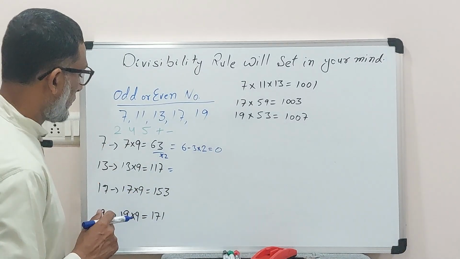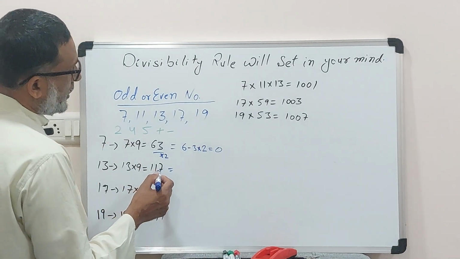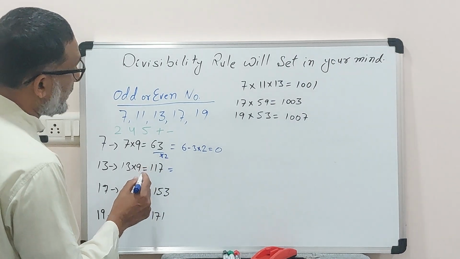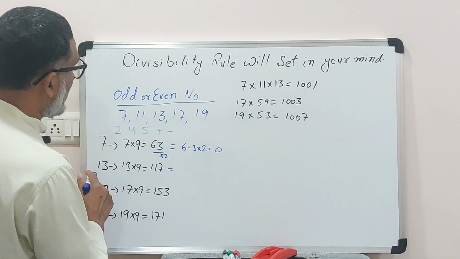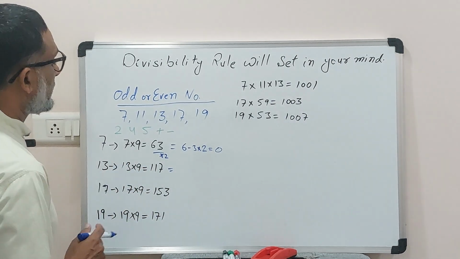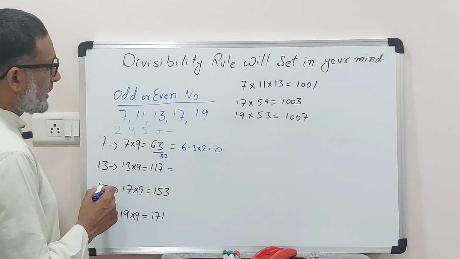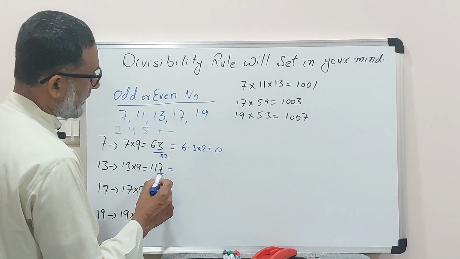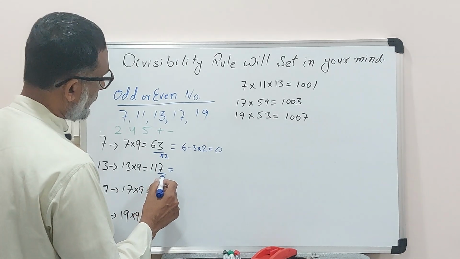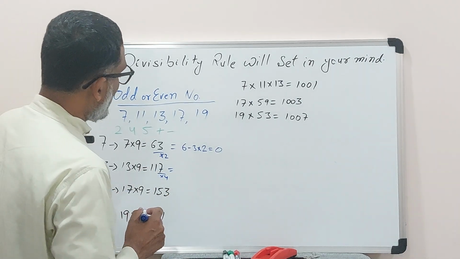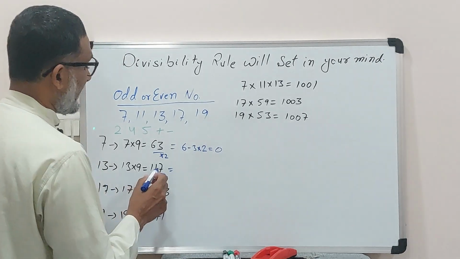Then we check with 4: 7 times 4 is 28, and 28 plus 11 is 39. In the 13 table we get 39, so for 13 we multiply the last digit by 4 and add.